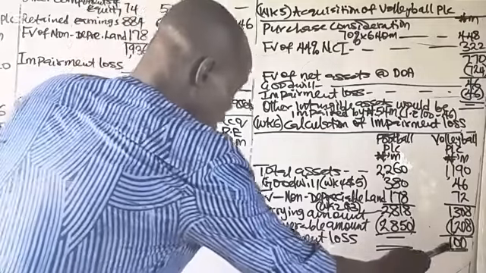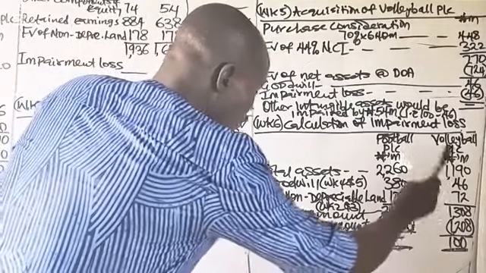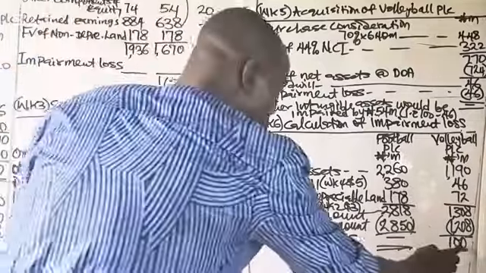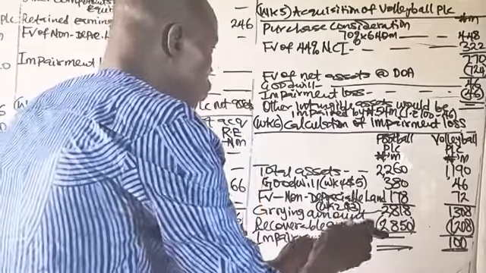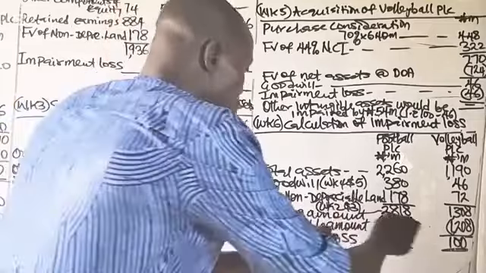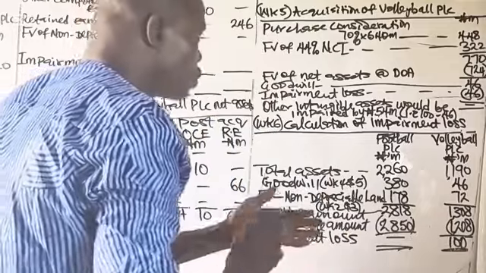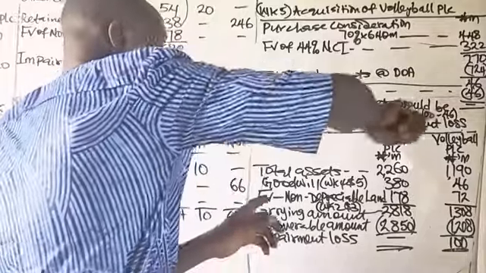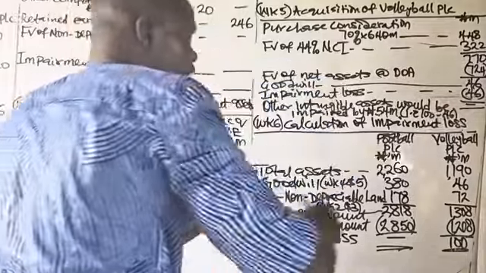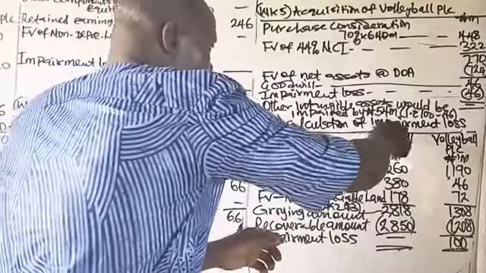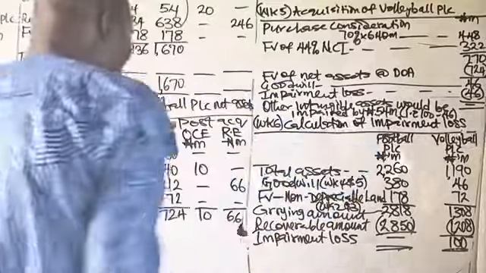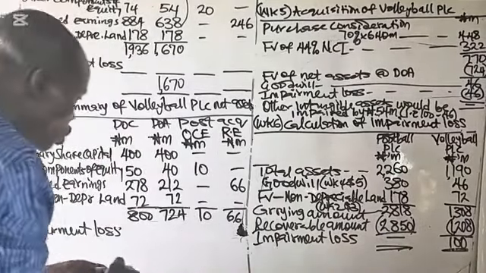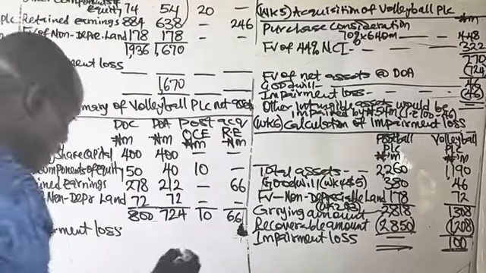Since volleyball has been impaired by 100 million, remember this 100 million is to be shared between goodwill and other intangible assets. That means you are crediting goodwill with 46 million, then you are crediting other intangible assets with 54 million. Then the whole of the debit entry of the impairment will now go to the retained earnings.